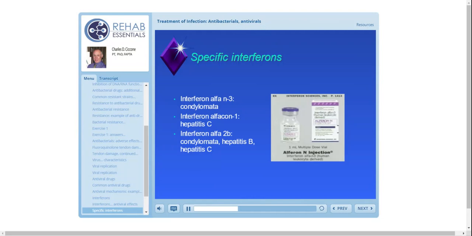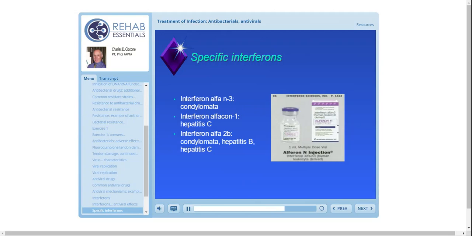The alpha 2B form is useful in both condylomata, hepatitis B, and hepatitis C. So you get a sense that these drugs have re-emerged as a potential treatment in some pretty important viral infections. And I think this is going to continue. As we learn more about this and study it more closely, we probably will see even more use of the interferons and the subcategories of interferons to treat very specific types of viruses.